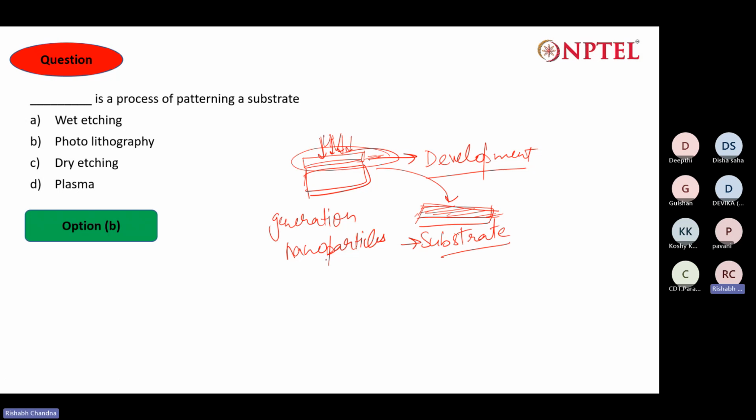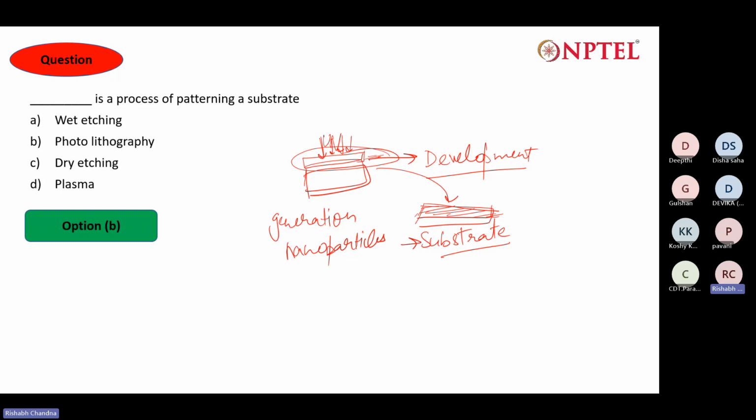For example, in COVID-19, some masks with antibacterial or antiviral coating were produced by the process of photolithography only.